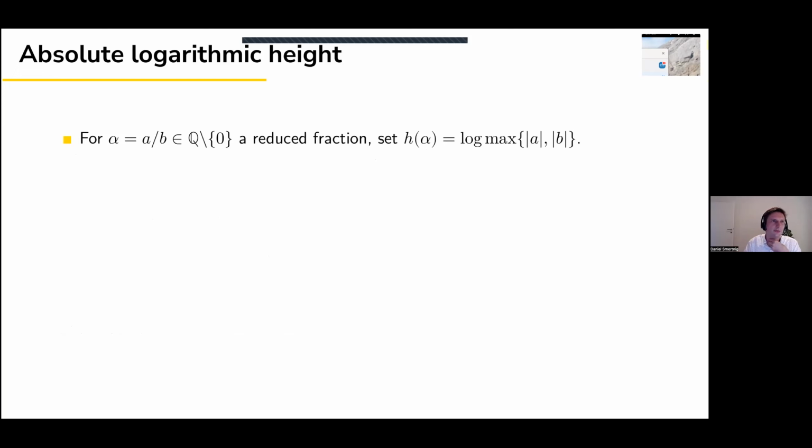In particular, we use the absolute logarithmic height. And let me recall that. In the simplest case, which in fact you can restrict to in your head if you like, if alpha is rational, non-zero, and we have a reduced fraction representation a divided by b, then the height is simply the logarithm of the maximum of the two absolute values. So this log is why we say logarithmic height. We are basically taking the maximum of the numerator and the denominator of the reduced fraction.